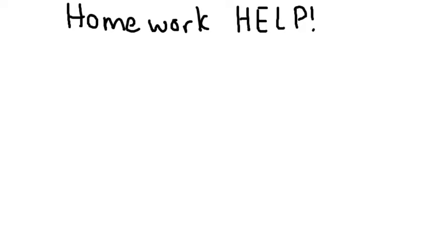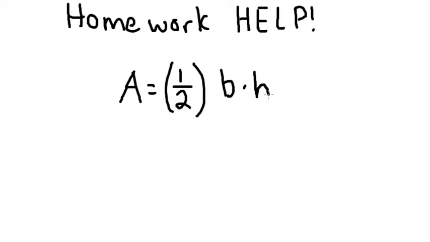this algebra problem that we did yesterday. So if we have A is equal to 1/2 B times H, and we are trying to solve this equation for H. Solving an equation for H means that you want to get the H on one side of the equal sign by itself.